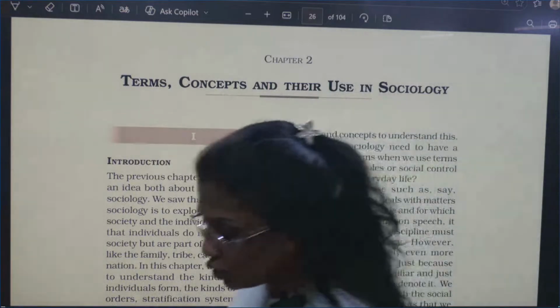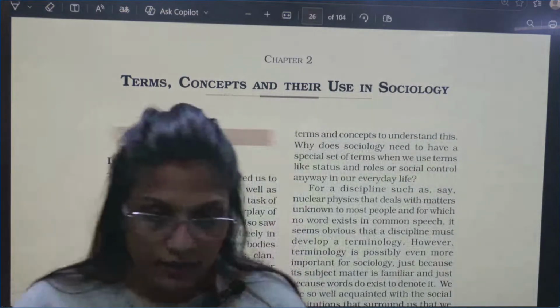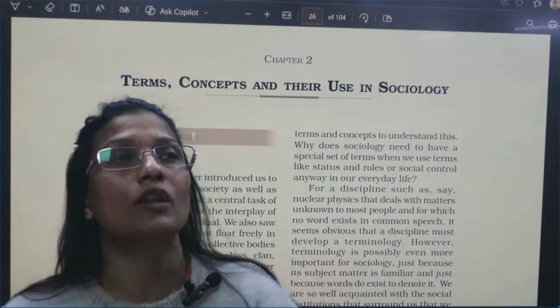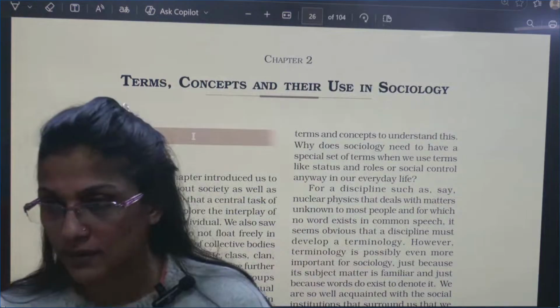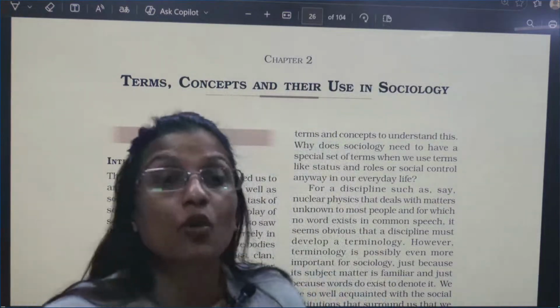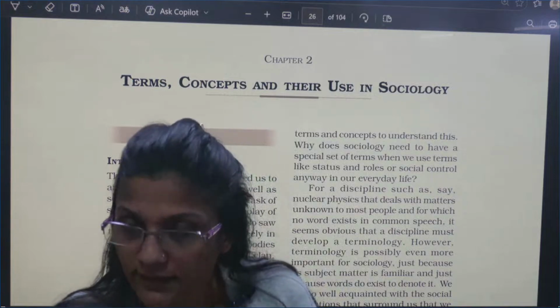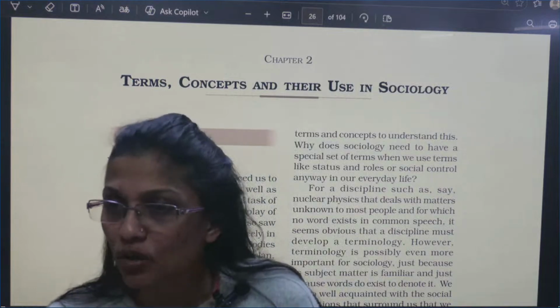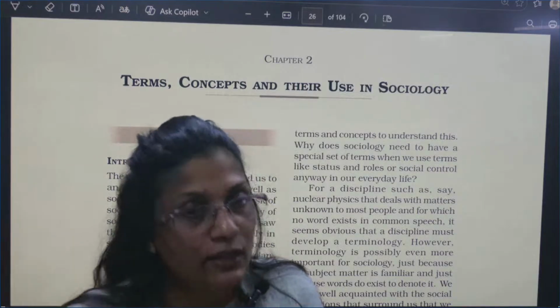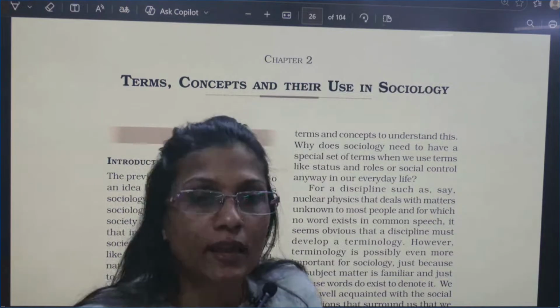Now, do understand this clearly in your head that we have to use sociological terms and concepts. Like when we are reading any discipline, whether it's physics or chemistry or mathematics, they all have their own terms and concepts to explain the theories, right? So we may talk about simple day-to-day theories.